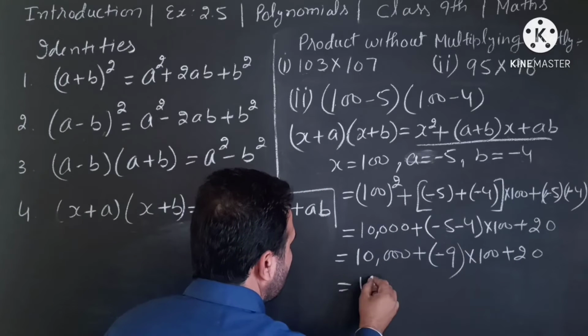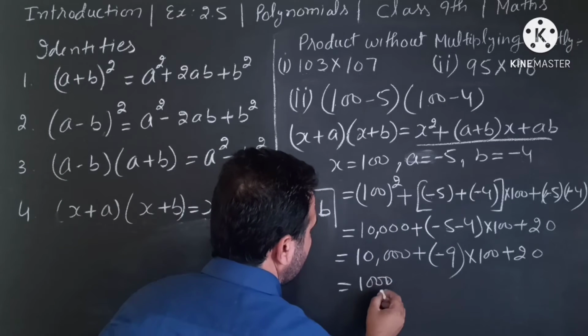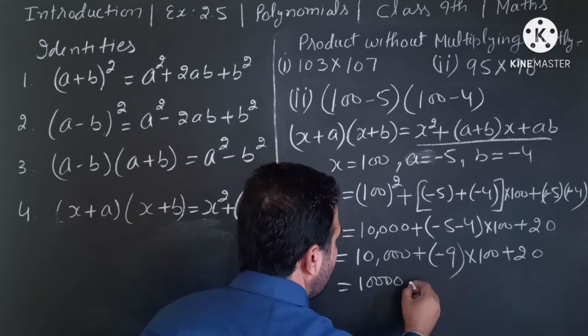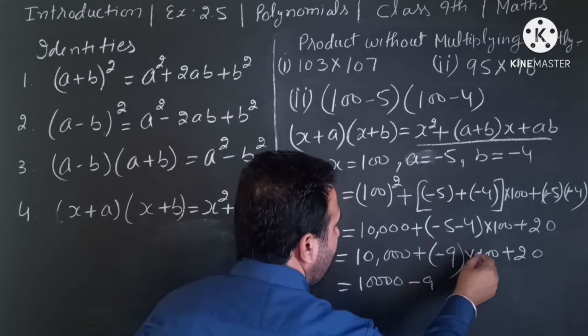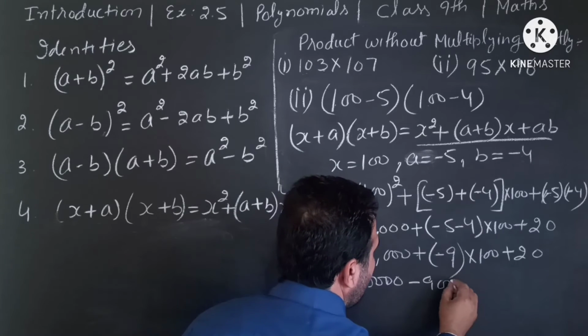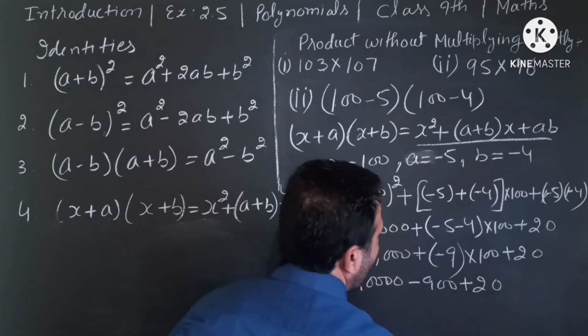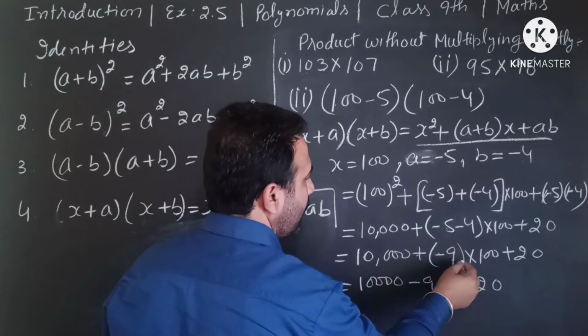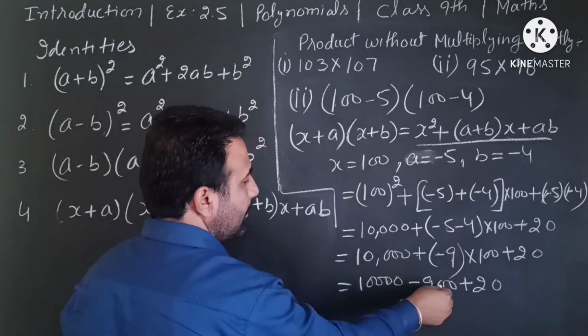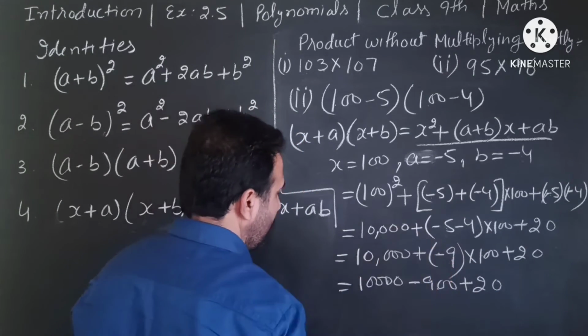So 10,000 plus minus 9 multiply 100, that is 900 plus 20. We will multiply here 9 multiply 100, that is 900 plus minus.